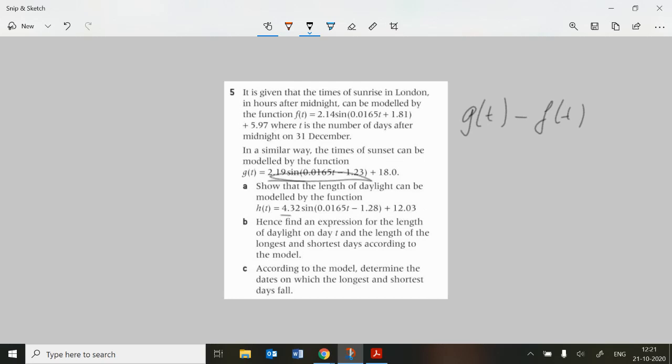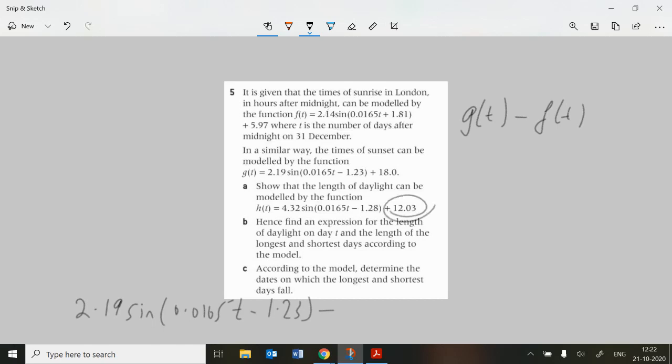But then our problem is to subtract these two sine functions, and you'll notice, of course, they have the same frequency in this case. This is what's alerting you to the fact that we need to go through this complex number method. When we do that, that's going to give us 2.19 sine of 0.0165t minus 1.23, and subtract this part here.